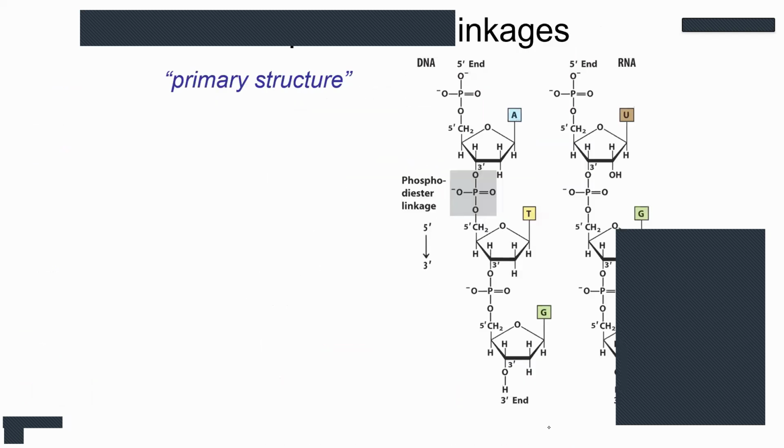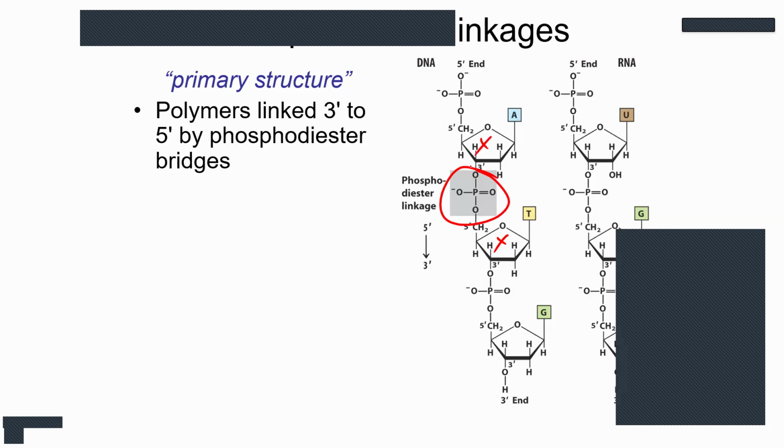When it comes to bonding of DNA molecules and RNA molecules for that matter, the type of bond that connects one sugar to another sugar is known as a phosphodiester linkage. This phosphodiester linkage is the bond that connects these polymers. These polymers are linked in a 3' to 5' direction.